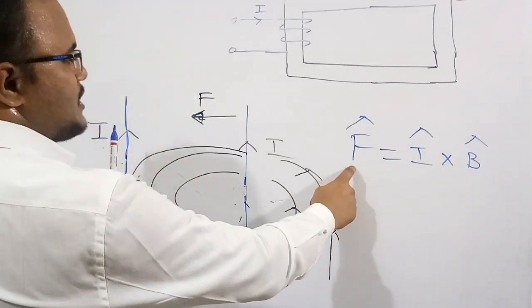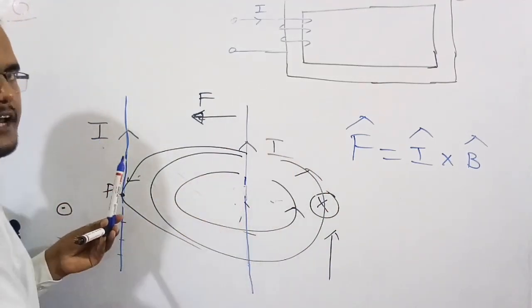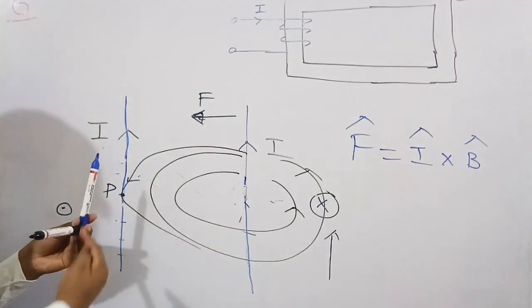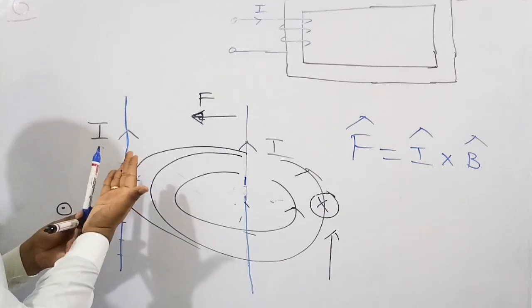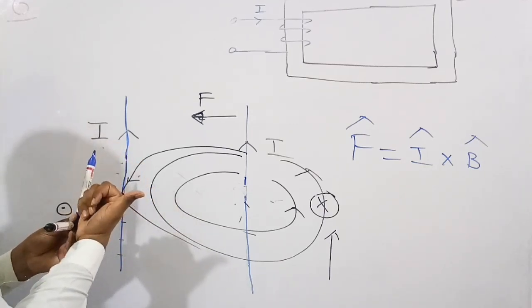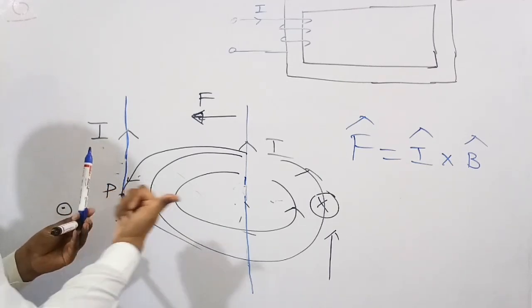Now I need to figure out what is the force exerted on this wire because of wire B. So F bar is equal to I bar cross B bar. This is I and this is B, so curl the fingers from I bar to B bar. The thumb indicates the direction of the force.